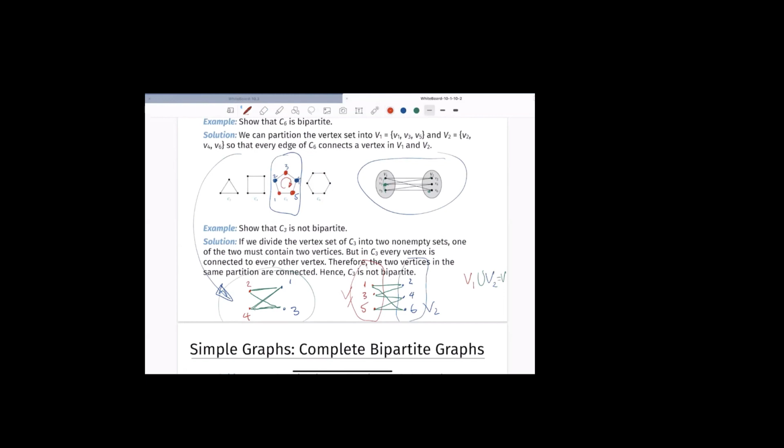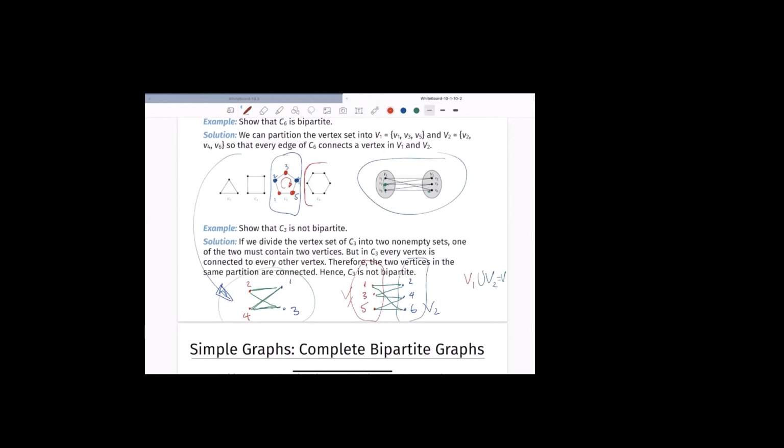Right? Does that make sense? Yeah, it makes sense, right? So in general, okay, so C5 is not bipartite. Is C7 bipartite? By the way, this argument needs a little bit of strengthening. What we have proved without any doubt is that if this cycle graph has an even number of vertices, then it is bipartite.